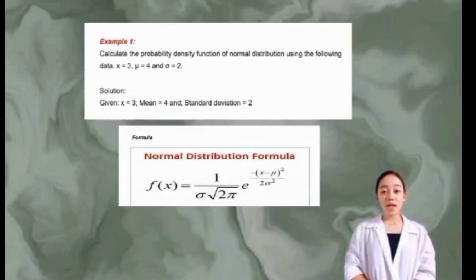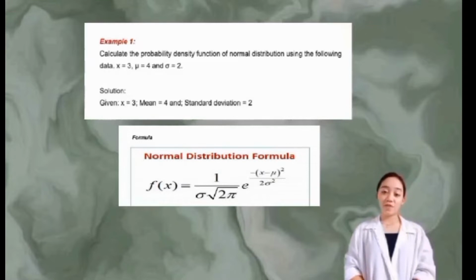By the formula of the probability density of the normal distribution, we can now find f of x by substituting the corresponding values.